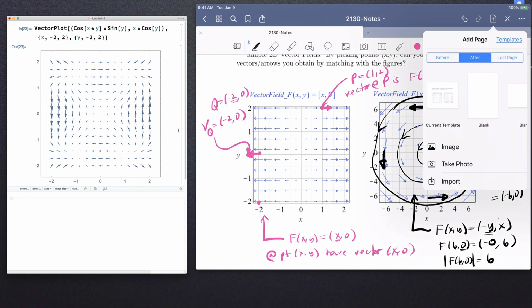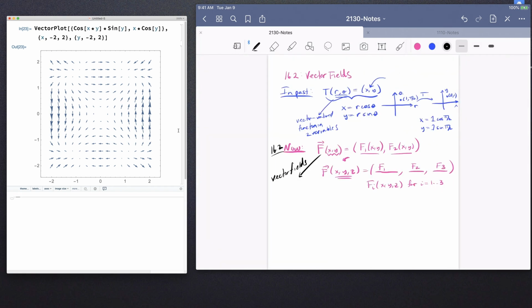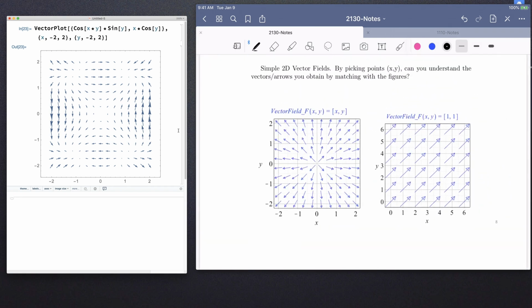And we have other vector fields, even pretty simple looking ones: f of x comma y, a two-dimensional vector field (x, y). This says that whatever the point P you pick is, let's say you pick (2, 2), the vector at that point P would be the value of the vector field at (2, 2), which would give you (2, 2).